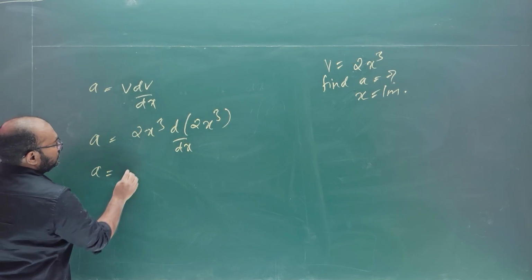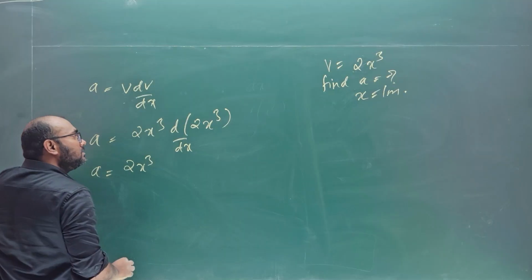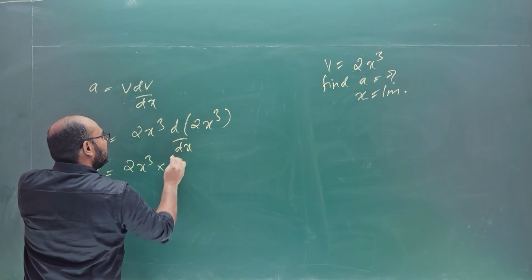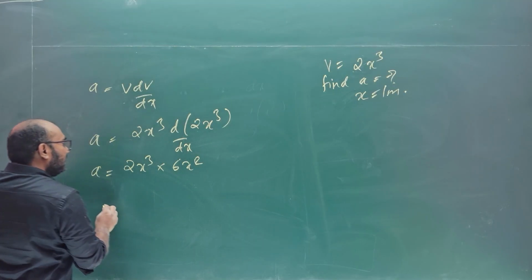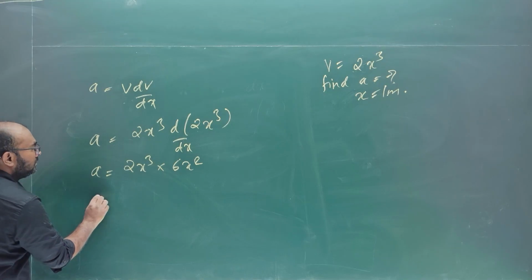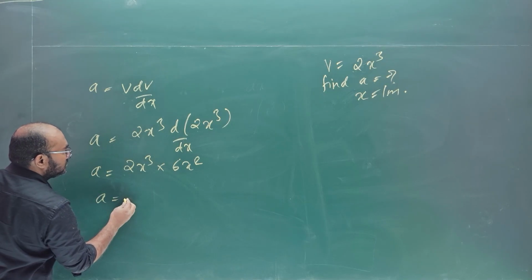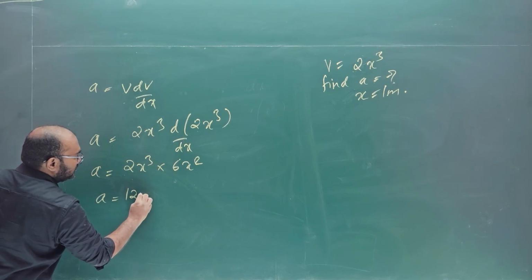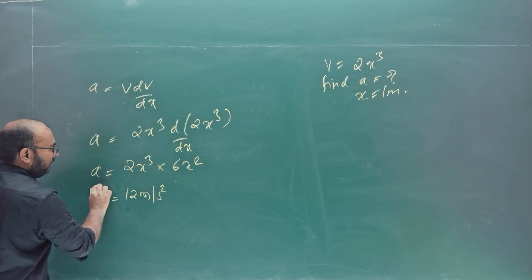So a equals 2x cube as it is, and this becomes 6x square, and x value is how much? 1. So a equals 2 into 6, that is 12 meter per square second. How many of you didn't get this answer?